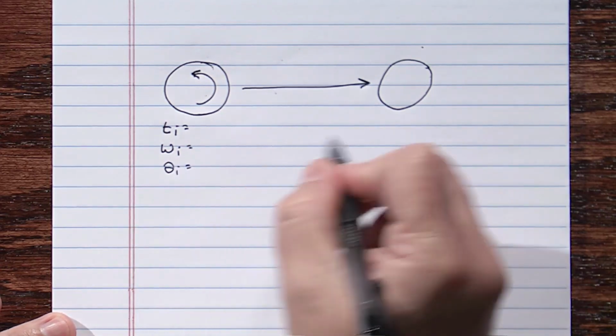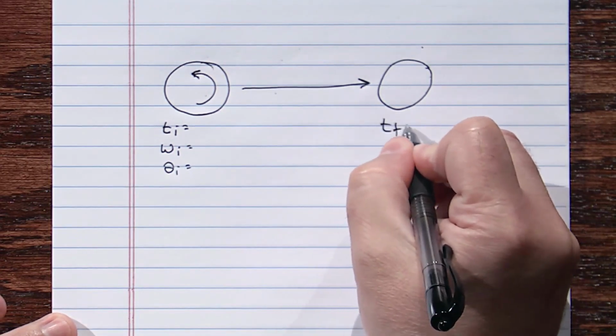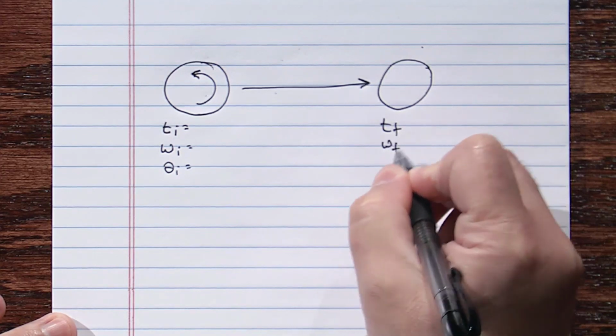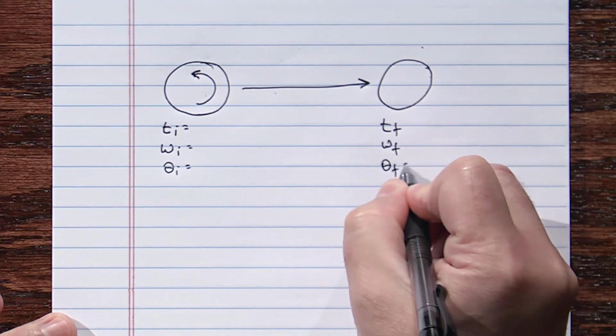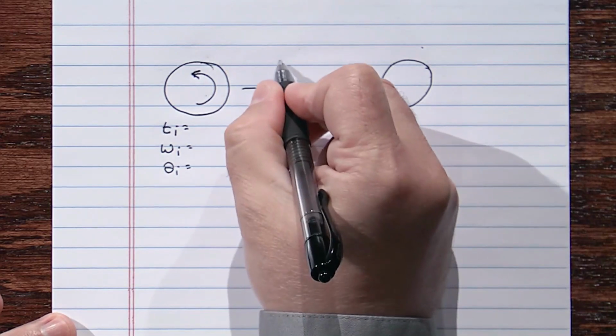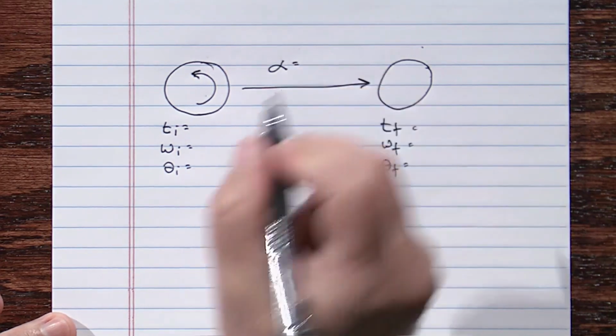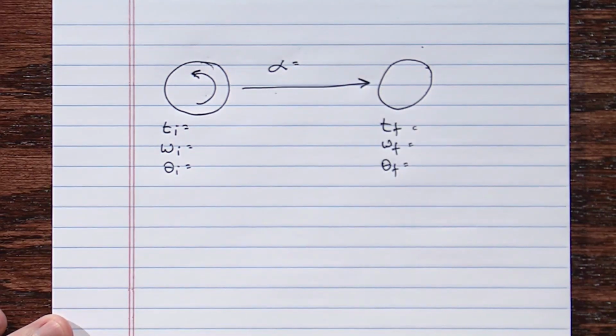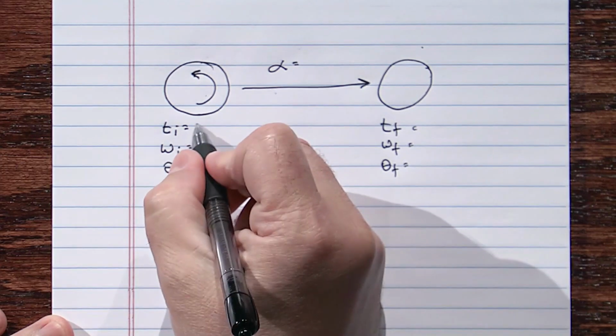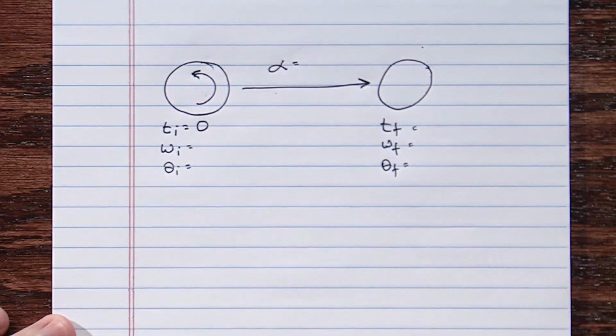We might need to know that. t final, omega final, theta final. And we have angular acceleration. t initial we can set to 0. We can start our stopwatch anywhere we want.